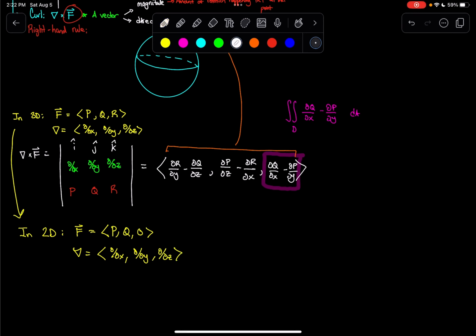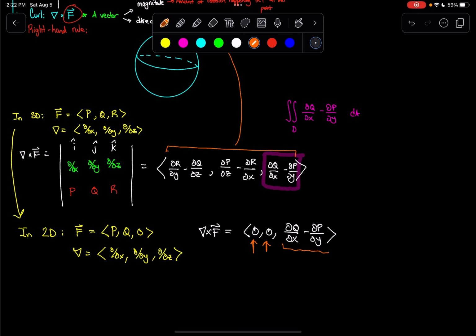When I do the del cross F operation to get my vector, I get 0, 0, and only this last component. So which direction does this vector point? Well, it does not point in the x direction. It does not point in the y direction.